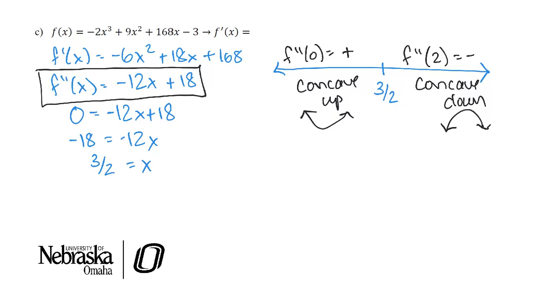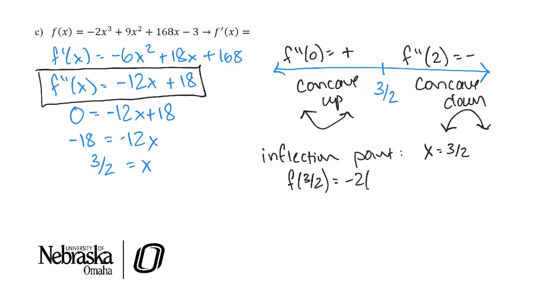Okay? So when we write our answer, our inflection point is x equals 3/2, but we want the whole point, so we plug in 3/2 into the original function. So we have negative 2 times 3/2 cubed plus 9 times 3/2 squared plus 168 times 3/2 minus 3.